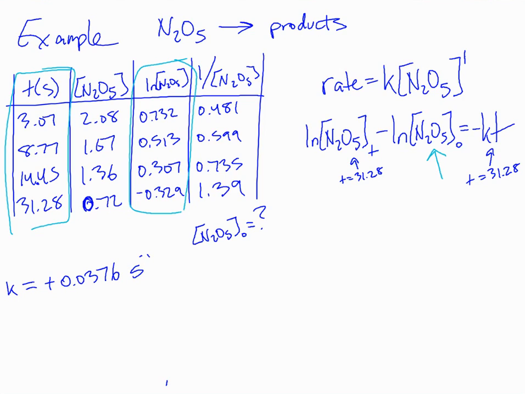So the natural log of the concentration of N2O5 at time 31.25. Actually, we don't even need that, it's just the number, we already know what it is.